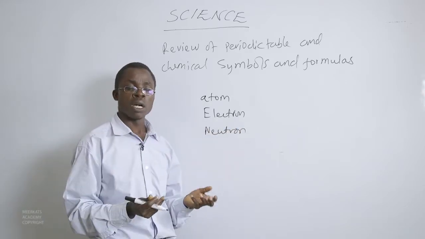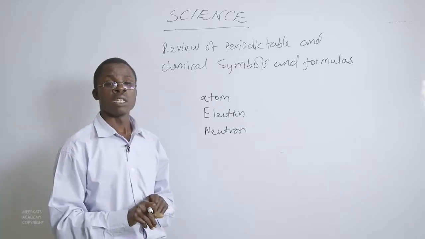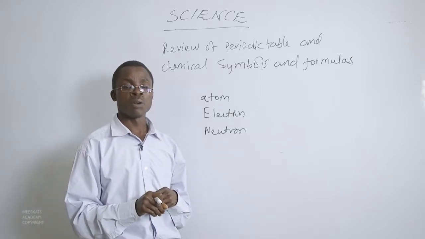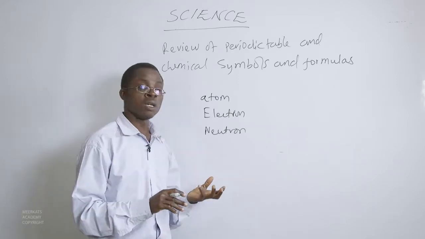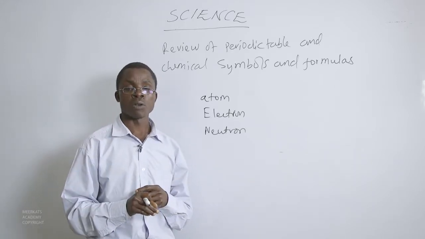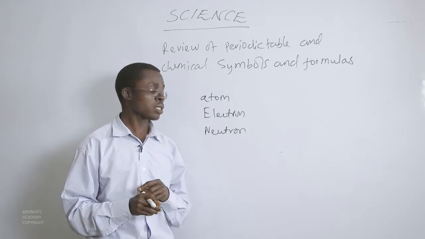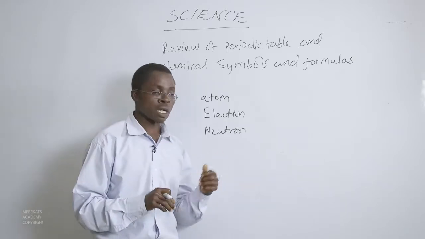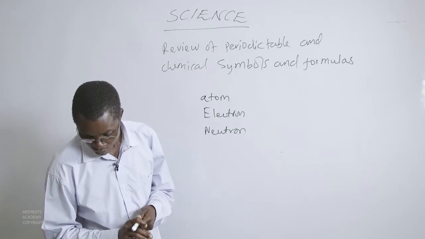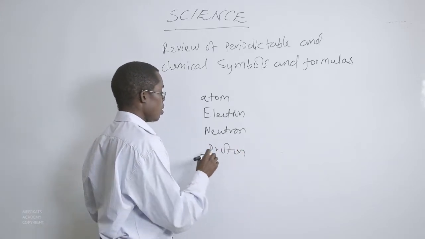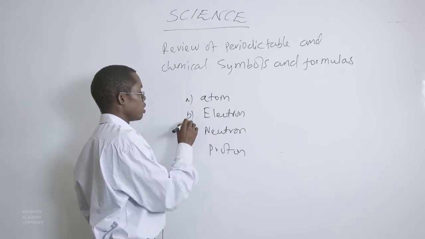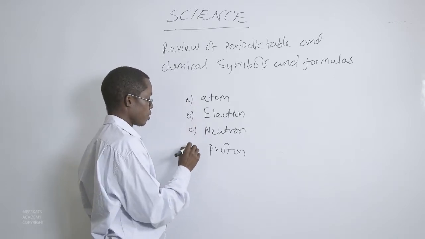Is it maybe a neutron, which was discovered by James Chadwick in 1932, when he had to explain why the masses are not just the protons, but protons plus neutrons? Or is it a proton, which is the smallest unit of an element?